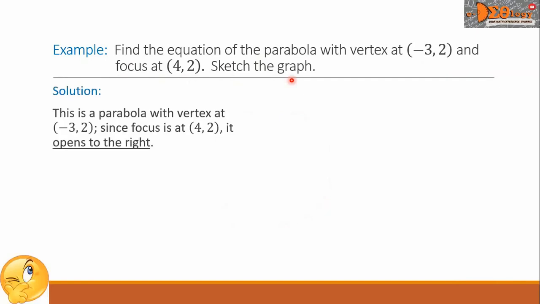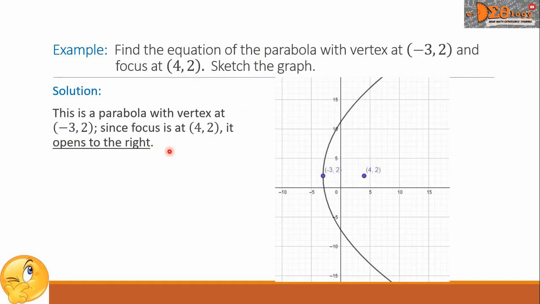For our solution, this is a parabola with vertex at (-3, 2), and since the focus is at the point (4, 2), the parabola opens to the right. We have now this parabola that opens to the right. The vertex is at the point (-3, 2), and this is now the focus (4, 2).